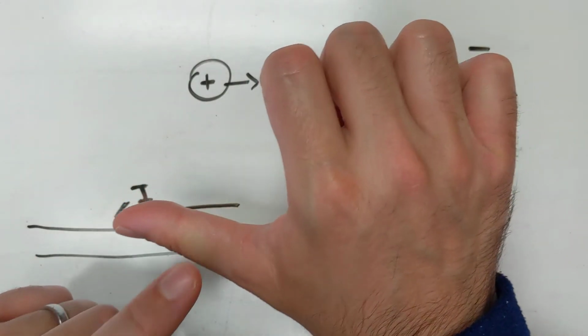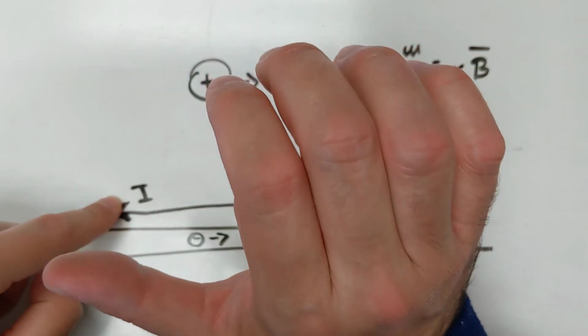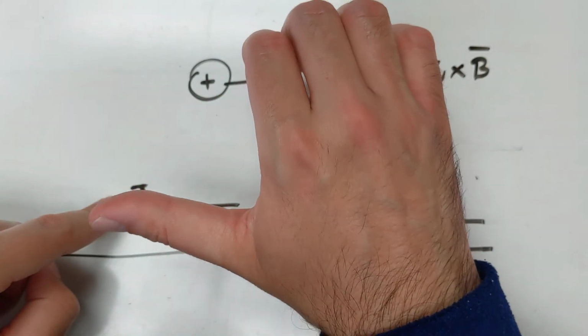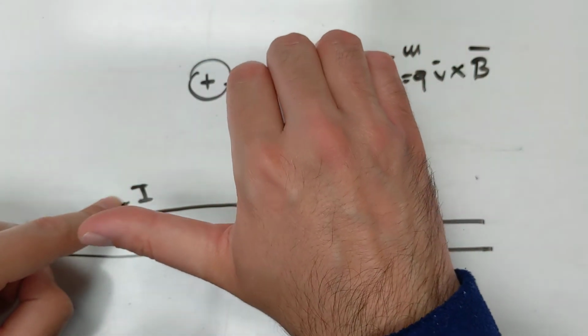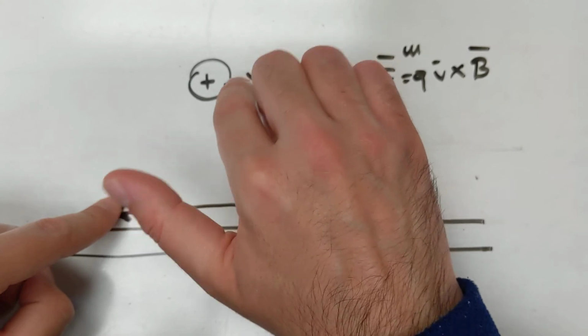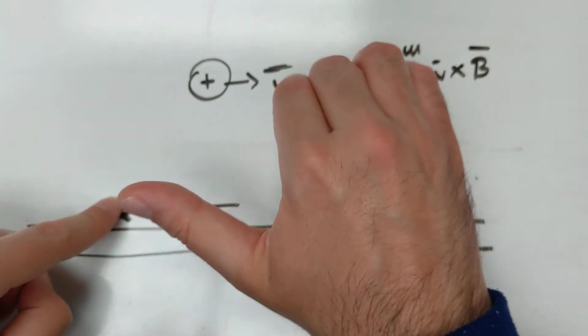Place your thumb of the right hand in the direction of the conventional current, and then see where your fingers are pointing.